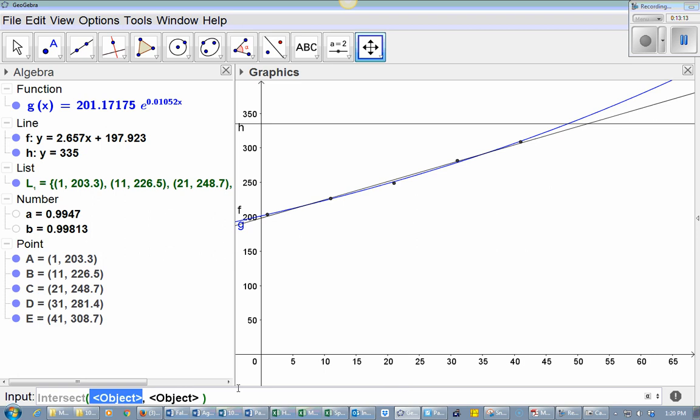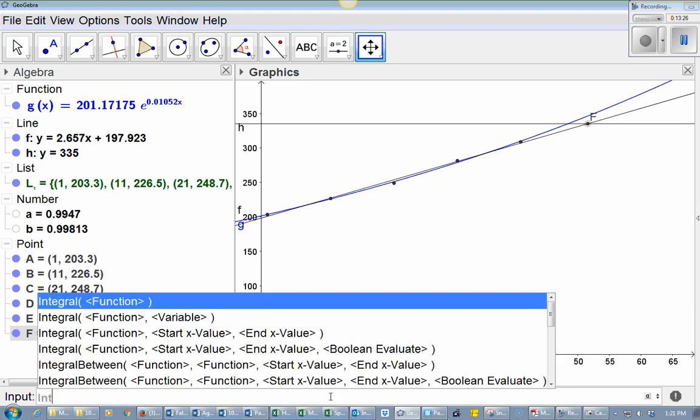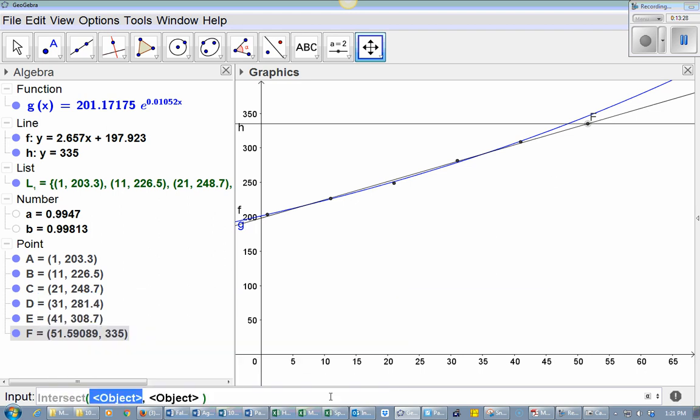And then it asks which two objects you are looking at, and we are looking at the function f and the line h, and it gives me this point f. And then I want to intersect the function g and the line h, and it gives me this point g. So I'm looking for the x coordinates of those two points because I know the y coordinates are both 335.